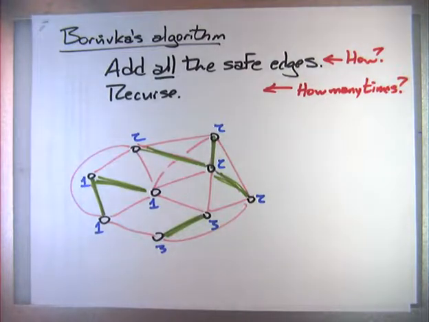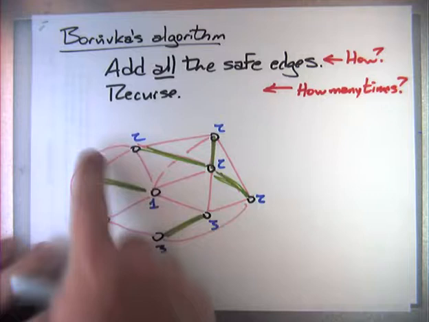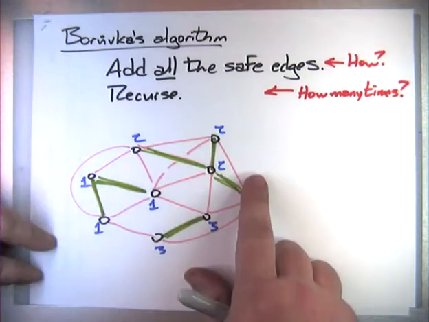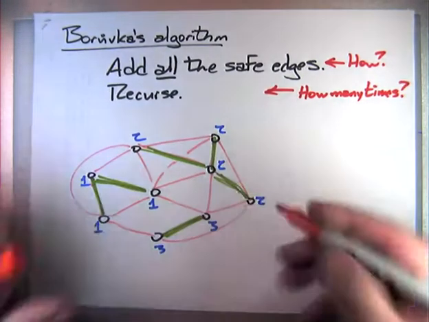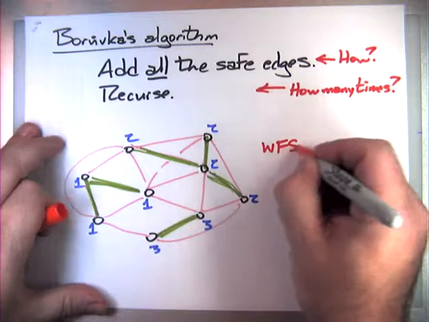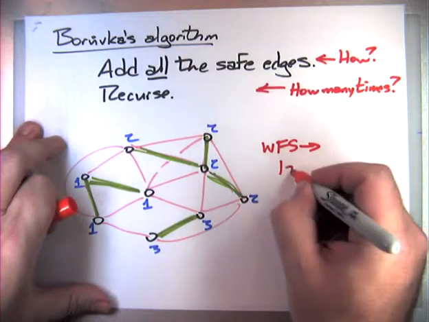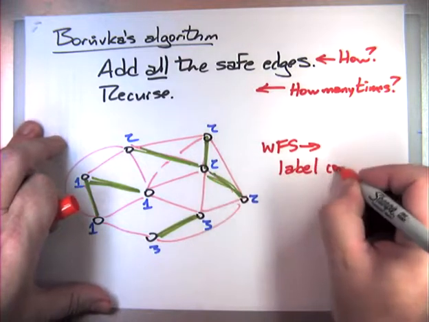And then in a wrapper function, I do a for loop over all the vertices, and if I see a vertex that hasn't been marked yet, I increment my counter for how many components there are and label the next component with that number. So with whatever-first search, I can label the components.